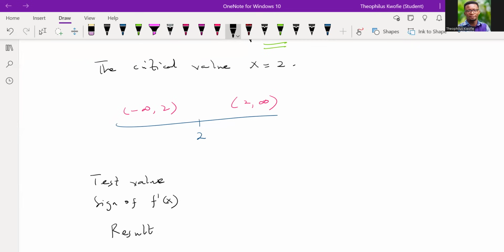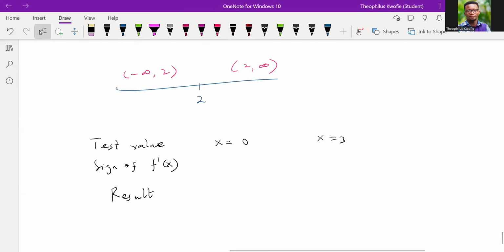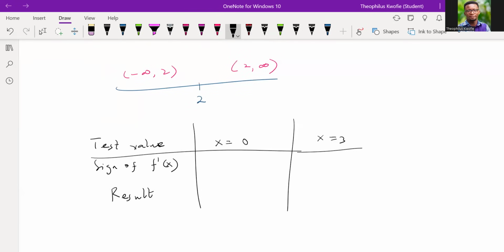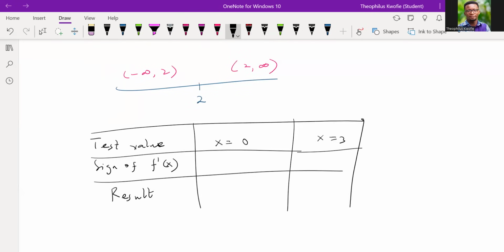From negative infinity to 2, what value can we pick? Let's say 0. And from 2 to infinity, let's pick 3. Then we plug it into f prime of x. So this is our table.